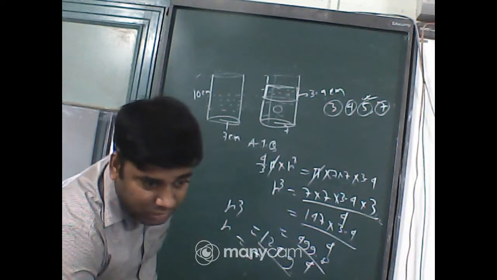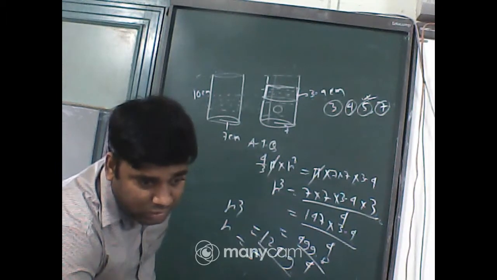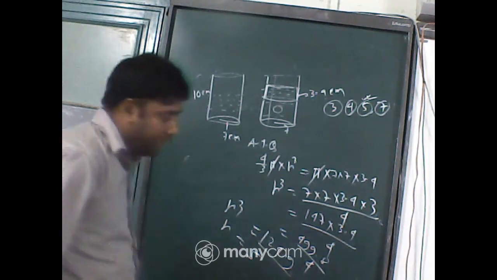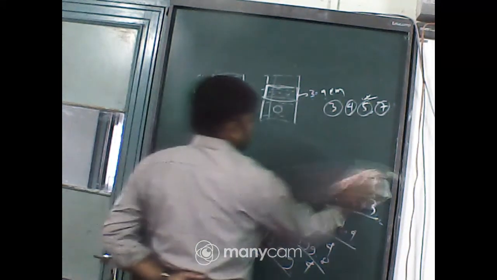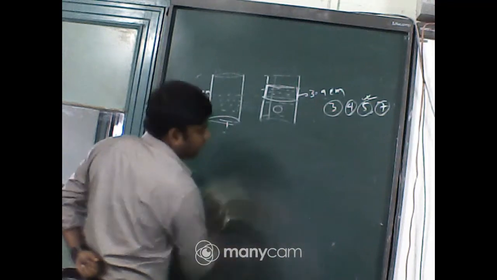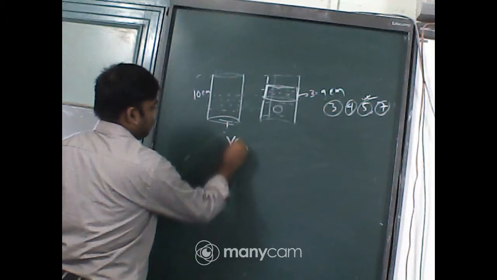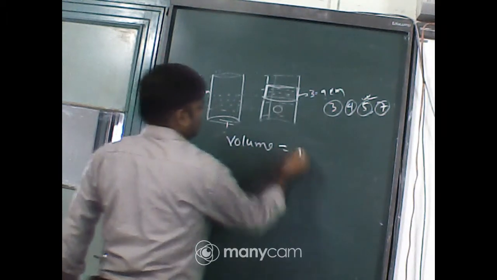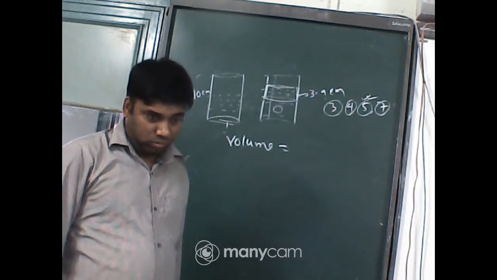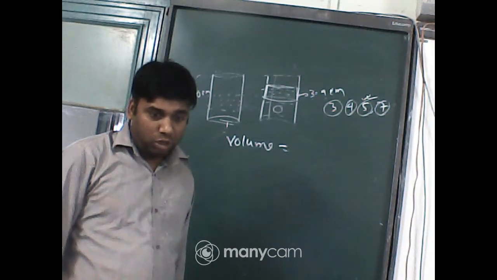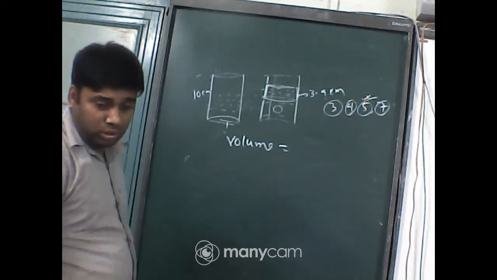The radius is 5. Next question. If r equal to 5, what is the volume of the sphere? It's very easy.